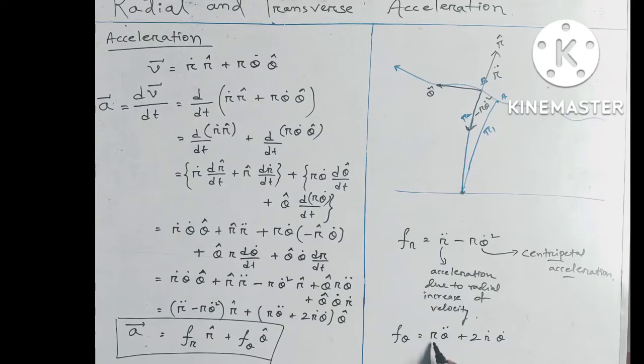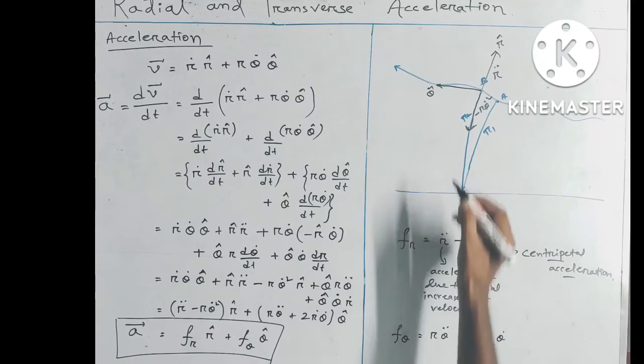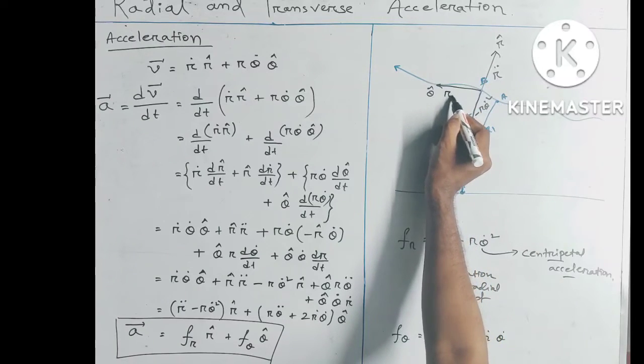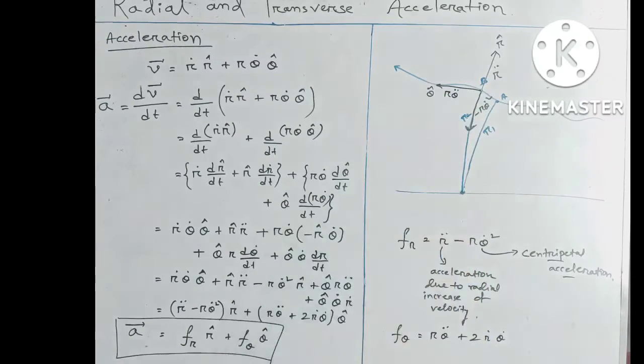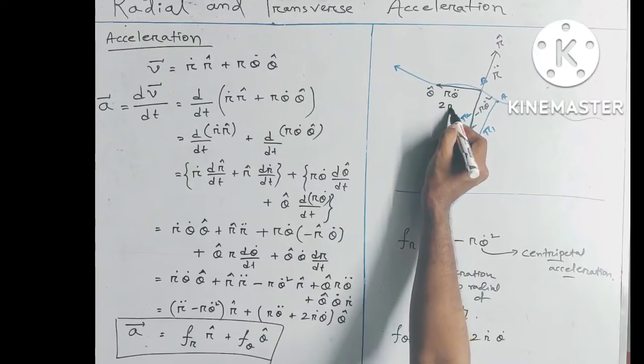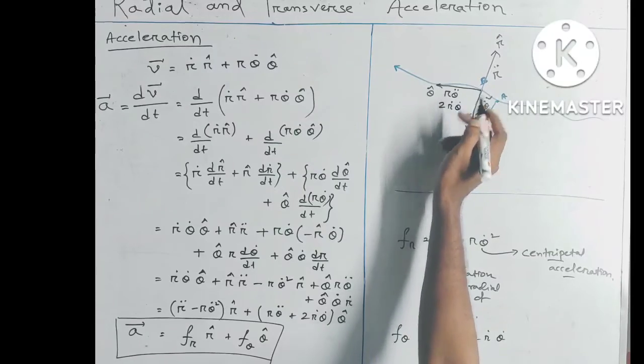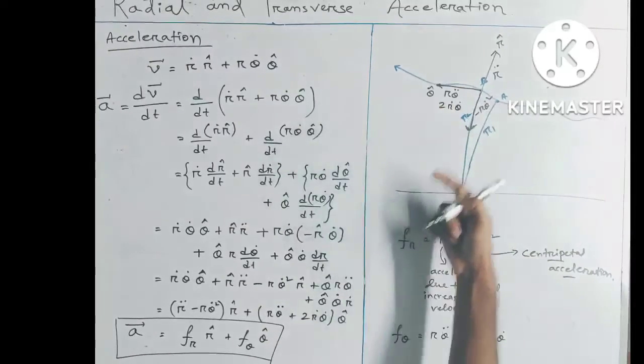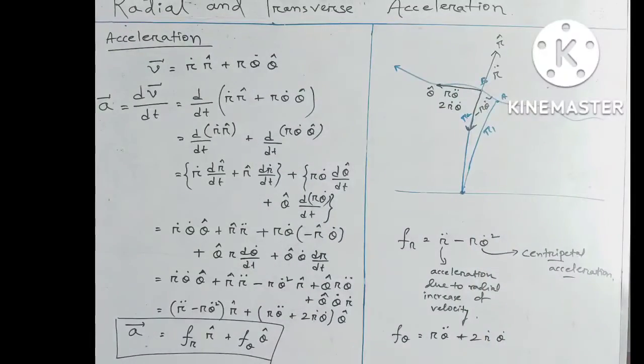See, r theta double dot is along this direction, and the term 2r dot theta dot is also in this direction. So what does r theta double dot mean? It means acceleration.